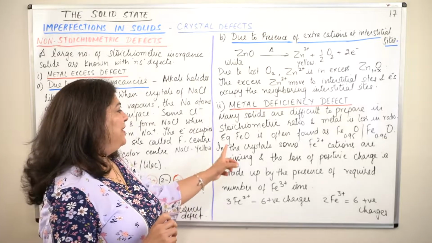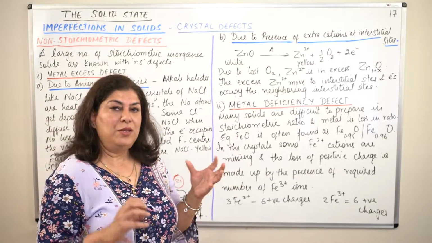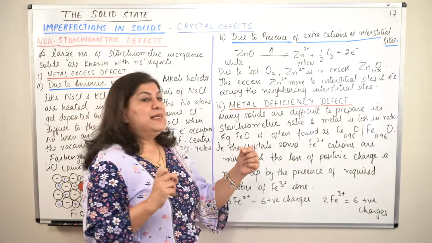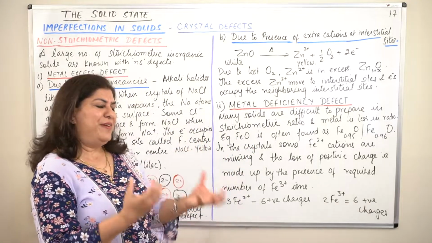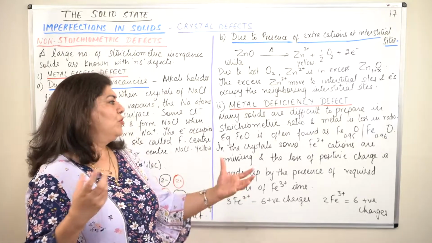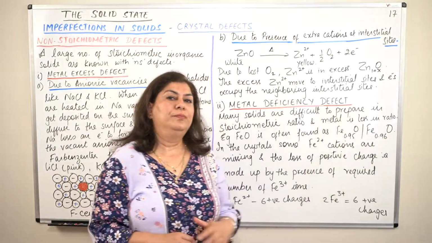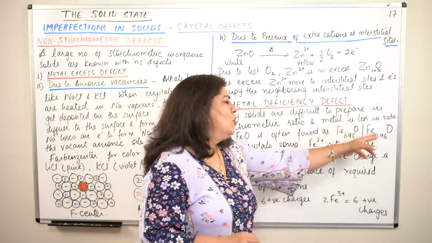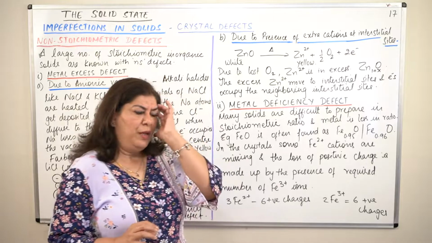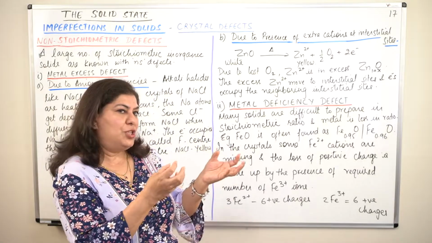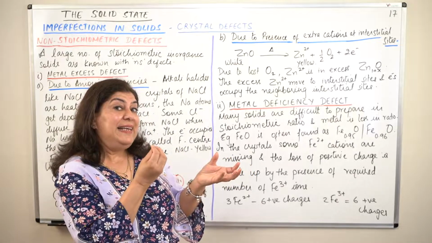Ferrous oxide is Fe2+, O2-, and the formula is FeO. When you prepare ferrous oxide, you can never get pure FeO. You will get Fe0.95O. Mostly, it could go up to 0.96 also, which means that iron is slightly deficient and oxygen is in excess.